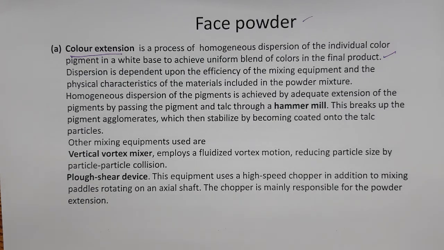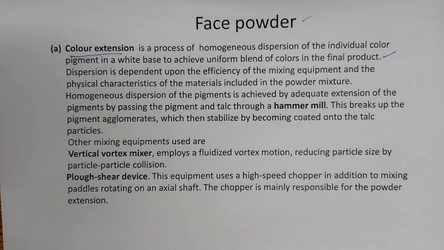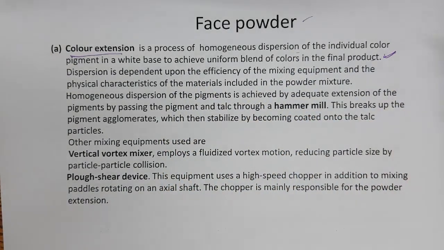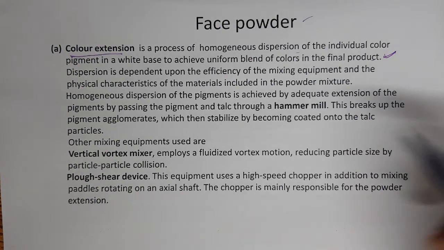Then the quantity of extended powder which is equivalent to the quantity of color that is required is added to the final product. So the mixing in the final product will be uniform. It's a geometric mixing. You extend the color and make individual extended colors, and from that you formulate the final product.